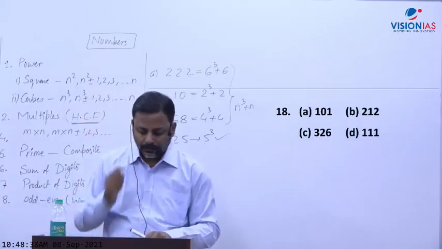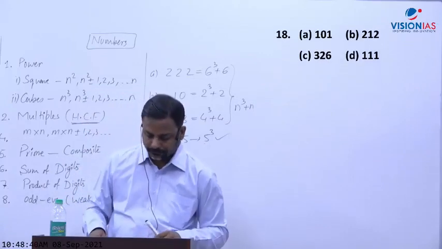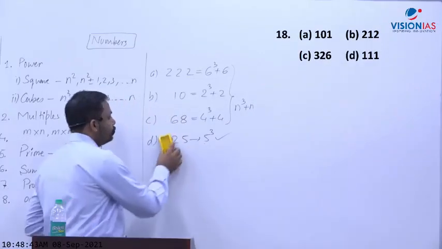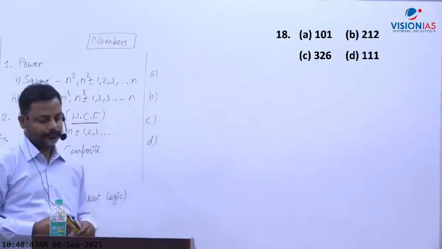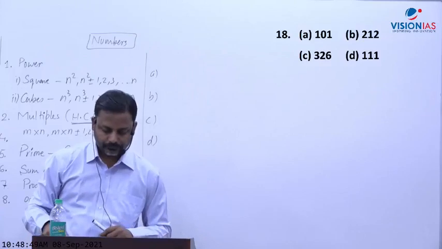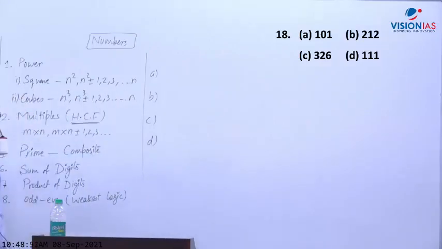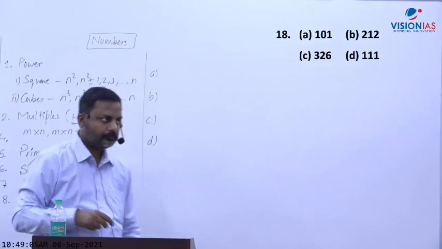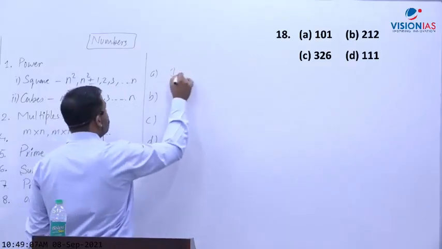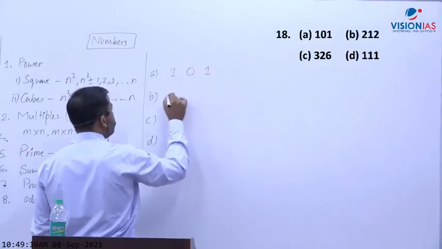Yes. Now come to 18th question now. Yes, n cube plus n. 101, 212.